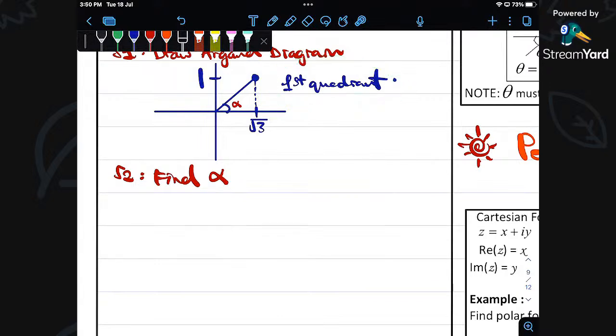So now, untuk mencari alpha, alpha bersamaan dengan inverse of tangent B over A. Okay, B over A, ya.